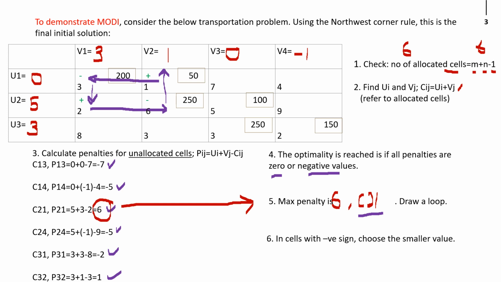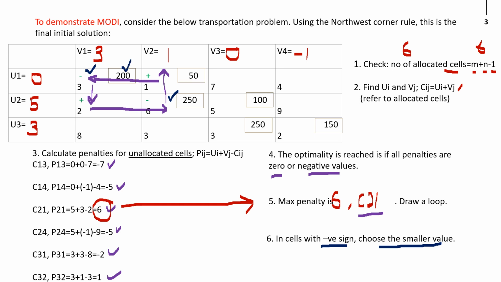And now, in cells with a negative sign, we choose the smaller value. Okay, there are two cells with a negative sign. We choose the smaller value, which is 200.